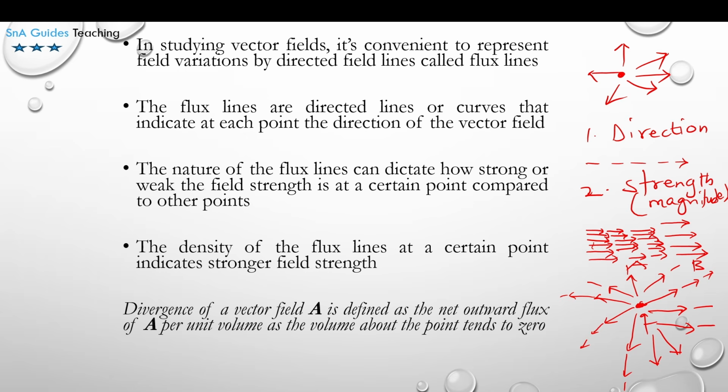Now, what is divergence? Divergence of a vector field E is defined as the net outward flux of E per unit volume as the volume about the point tends to zero. Figure A on the right here shows directed flux lines emanating from a source.